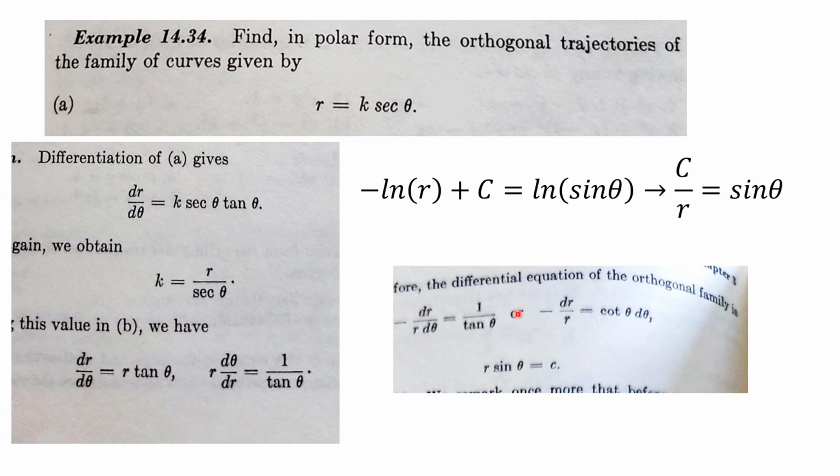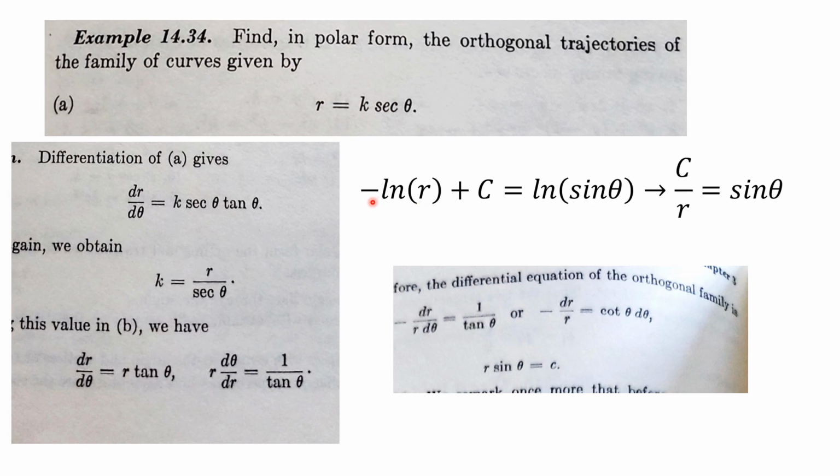The variables separate, and I show a little bit more detail than the note shows here. So we go from here, these are separable variables, we integrate. On this side we get minus ln of r plus c. On the other side, the integral of the cotangent is going to be the ln of, it should be the absolute value of sine theta, but we'll just leave it as sine theta. And then what we're going to do is exponentiate both sides. We're going to play loose with constants again.